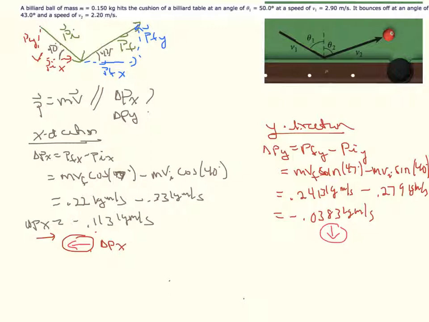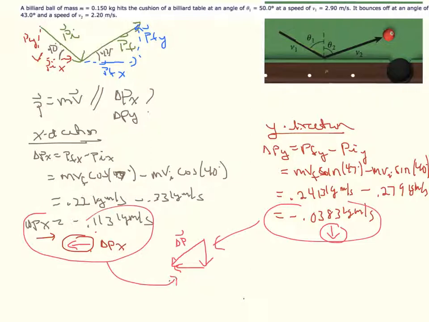So what I draw next is to find the total change in momentum vector, right? I take these two together and I add them. So I have my change in momentum in the y, and I add my change in the momentum in the x, and what I get is my total change in the momentum, right? And so I'm just taking literally these numbers here and here, and I'm going to put those in together. I'm going to use Pythagorean theorem to get delta p.